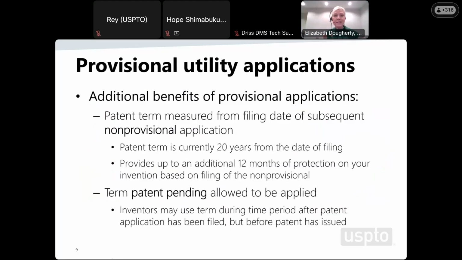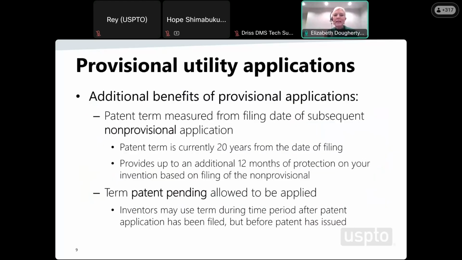So some of the additional benefits, and like I said, there's a lot of benefit to this provisional patent application. The patent term is measured from the filing date of the subsequent non-provisional application. So the patent term for a utility patent is currently 20 years from the date of filing. So by having that provisional patent application, it provides an additional 12 months of protection, effectively giving you a 21-year patent in a sense.